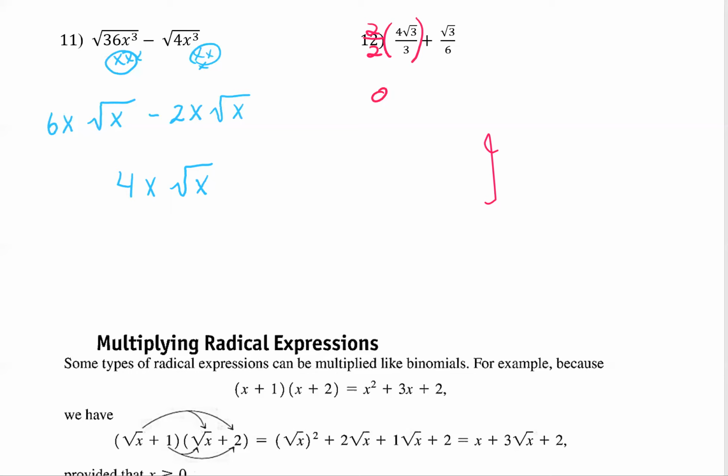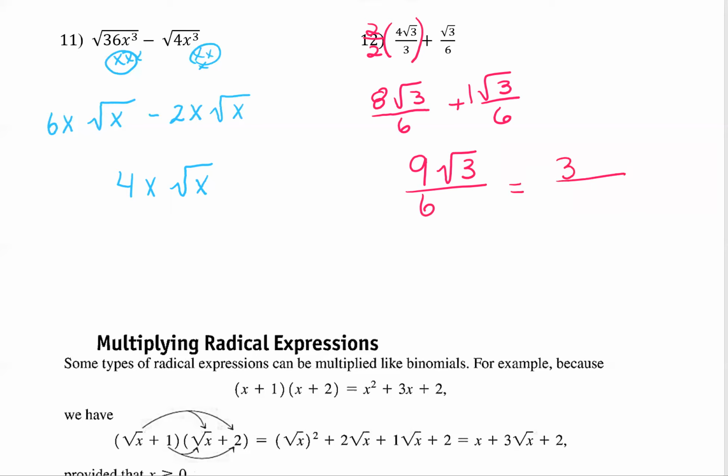So I have 8 square root of 3 over 6 plus square root of 3 over 6. You can put a 1 right there if you'd like. 8 plus 1 is 9. So we have 9 square root of 3 over 6. And 9/6 simplifies into 3 over 2.